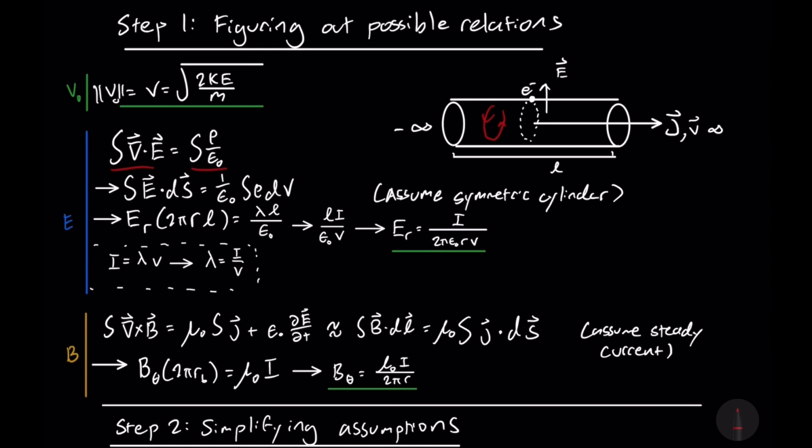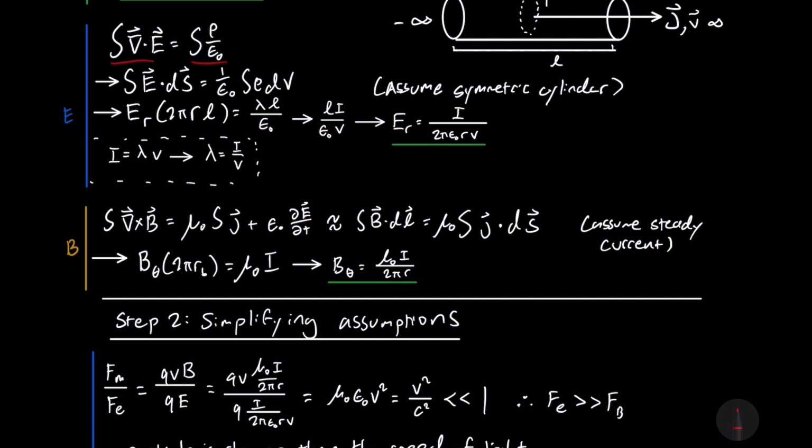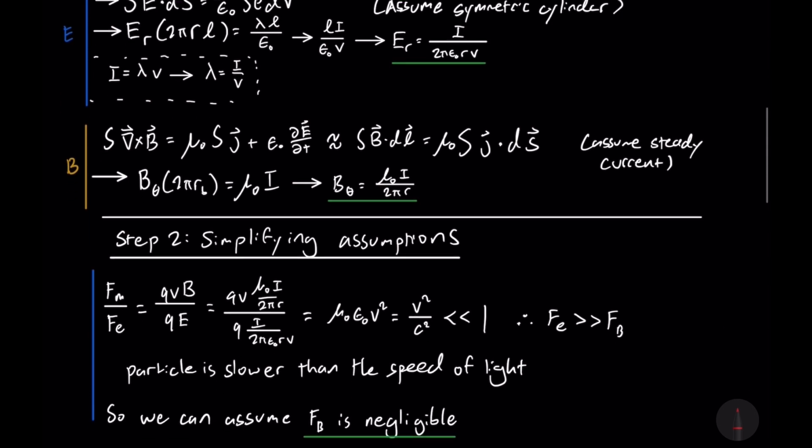So lambda is talking about the charge density, like Q but over the length. And this is I over v, because if you think of it instead as I equals lambda times v, you're saying that basically current is the charge density moving. So that makes sense. And then plugging this all in, you'll get E equals I over 2 pi epsilon_0 r v.